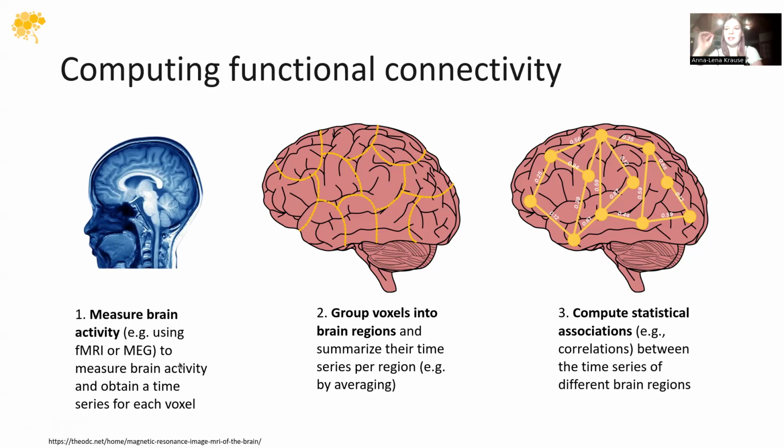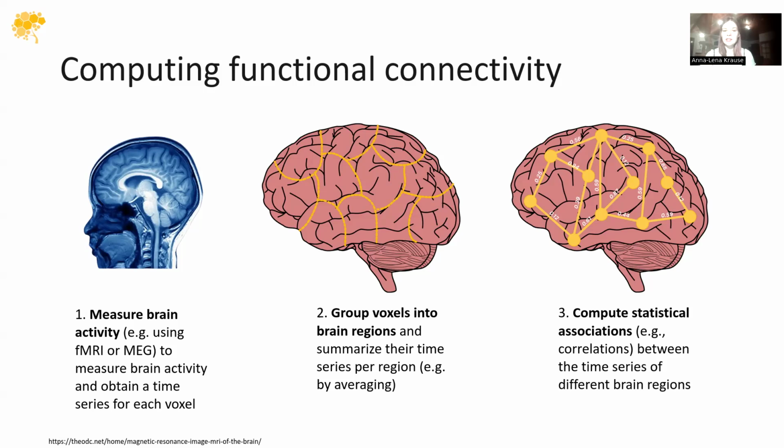And for each data point of the brain, in fMRI that's called a voxel, we also have a time series associated with it. So what we then do is we take all our voxels and we group them into brain regions. And then for all the voxels within one brain region, we're going to summarize their time series into one single time series per brain region.